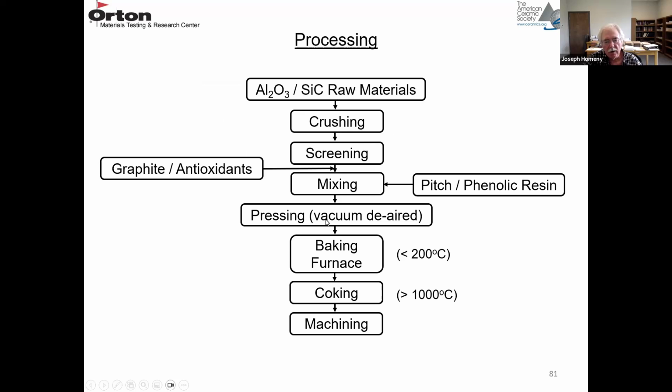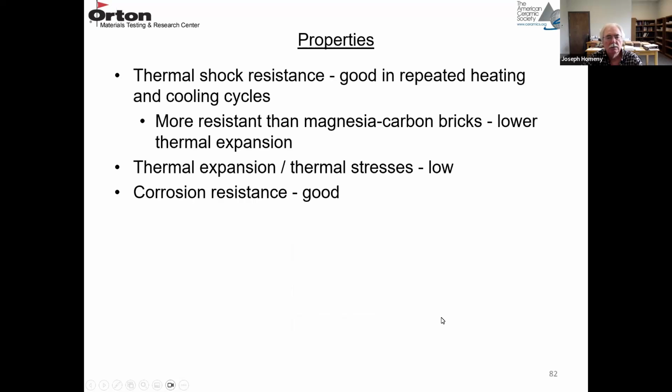They're pressed under vacuum, and they're baked just like for the MgO carbon composites to set the resin. So they go through a baking furnace at maybe 200 degrees C. And the optional step is to coke it at temperatures greater than 1,000 degrees C. This would be done in an atmosphere that doesn't contain oxygen. And then they may or may not be machined.